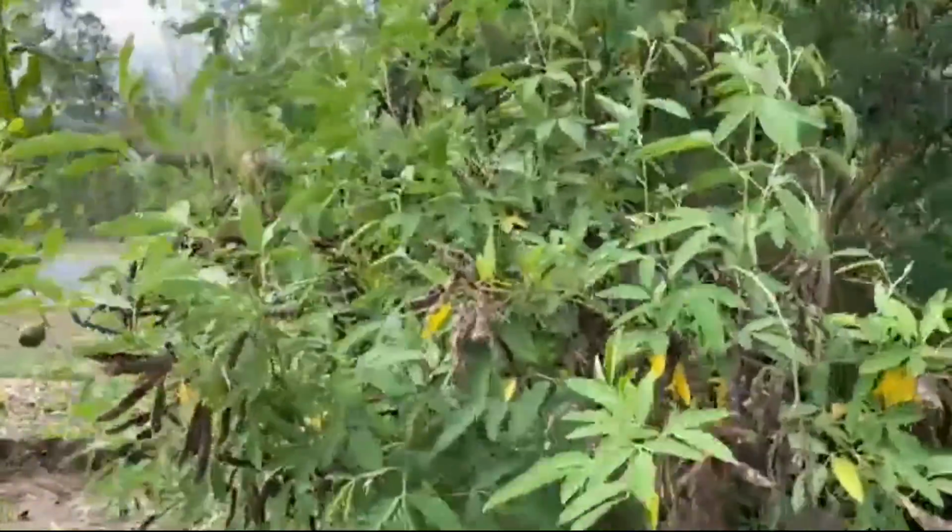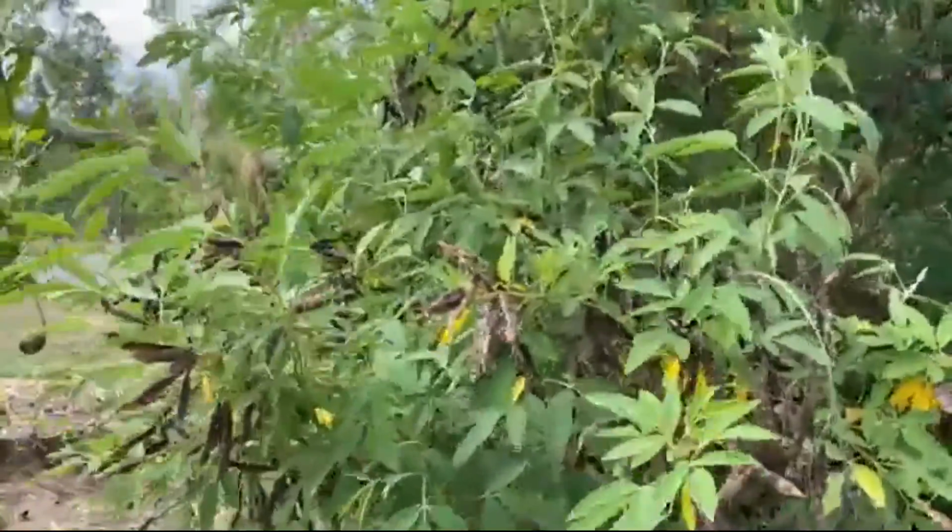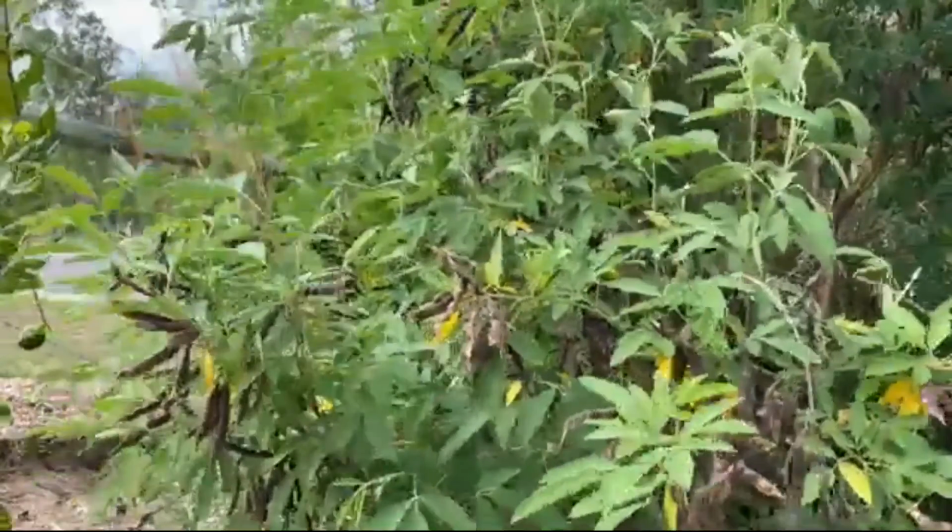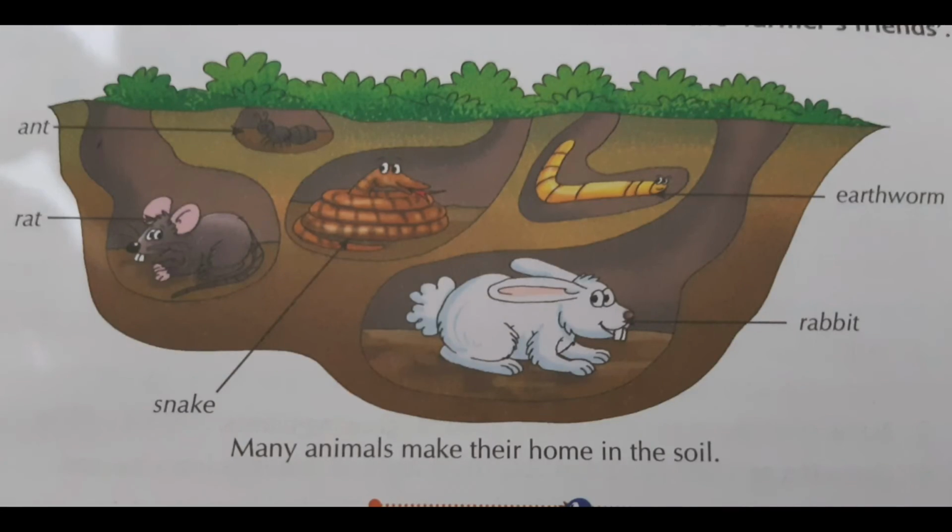Now, the second use of soil is that it is a home to many animals like ants, snakes, earthworms, and many other animals that live in soil. Earthworms are called farmer's friend because they dig tunnels in the soil and loosen it. They also add humus to the soil and make the soil fertile.